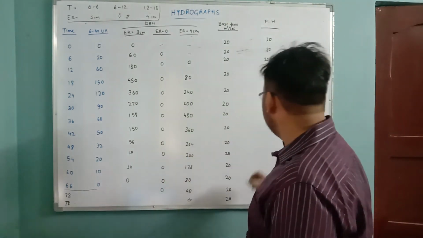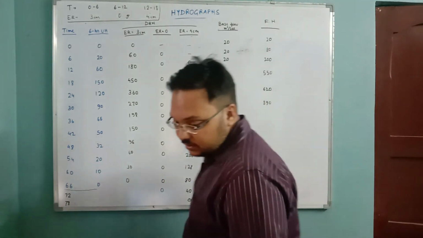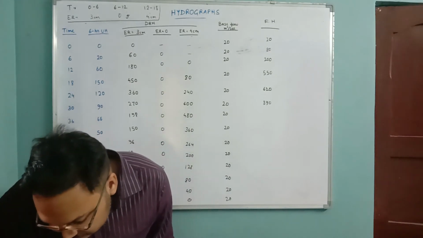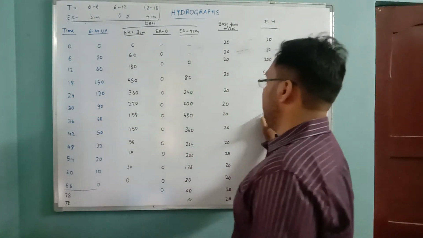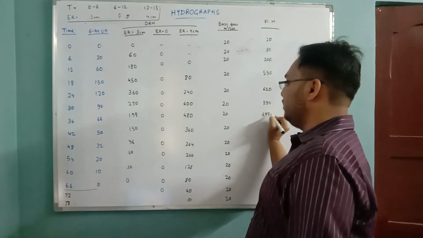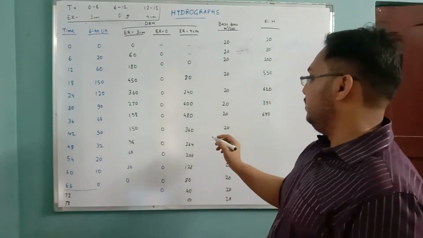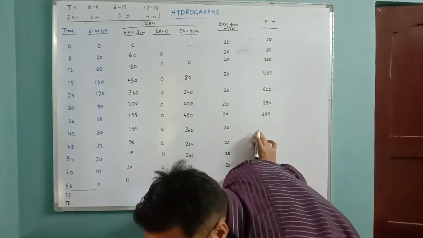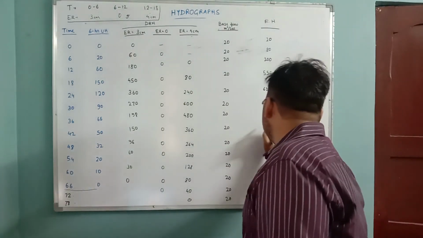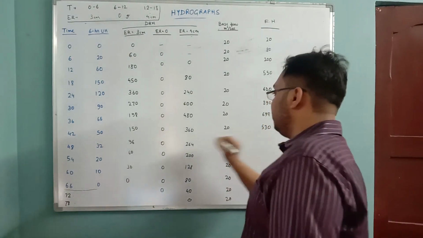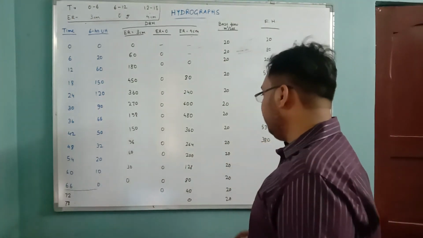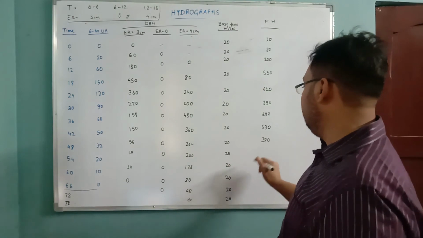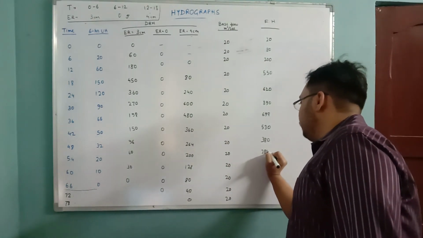And similarly, we can get the values like it is 80, this is 698, this is 698, this is 530, 380, 530, and this will be 280, I guess.